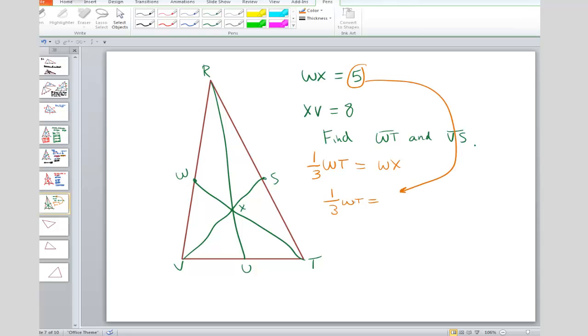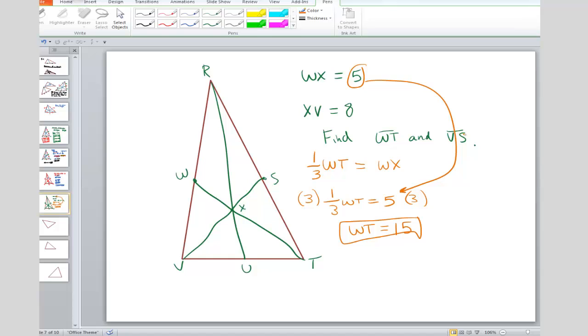So how do we get rid of fractions? We multiply what's on the bottom. So we multiply this side by 3 and this side by 3, and we end up getting WT equals 5, 10, 15. There's our first one.